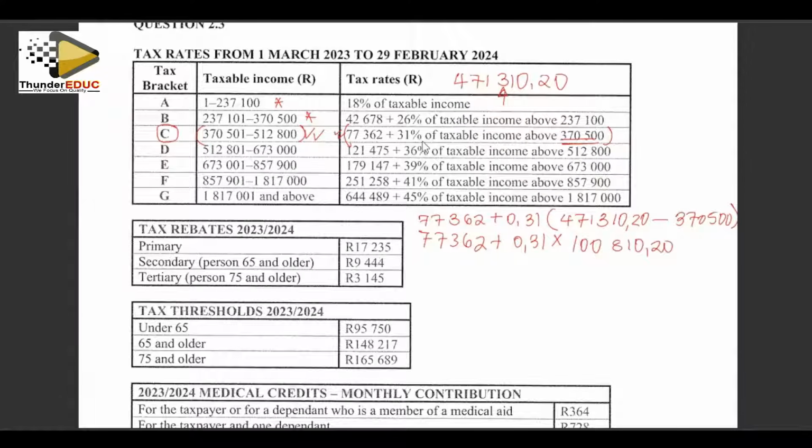So at this time, put it in the calculator and you get your final answer.